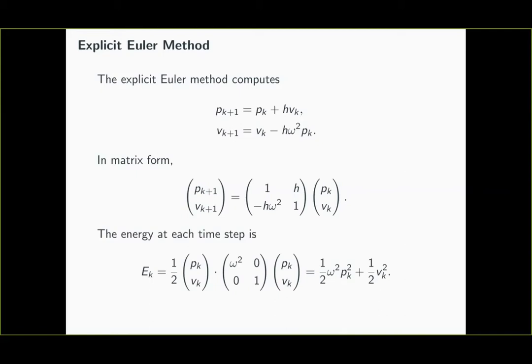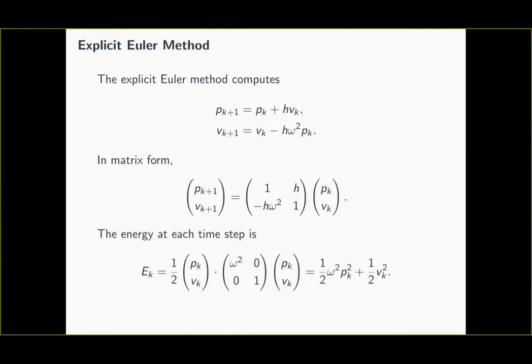If I put the position and the velocity variable into a two-dimensional vector, then the first two equations here can be expressed as the vector pk plus 1, vk plus 1 equals the matrix vector product, where the matrix has entries 1, h, minus h omega square, 1 row by row, and the vector is again pk, vk. So the iterations of the Euler method just boil down to matrix vector products.